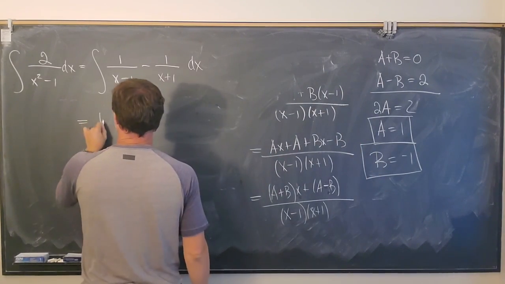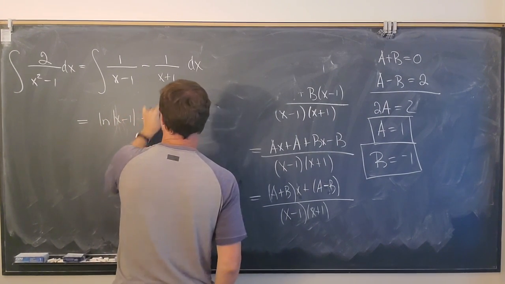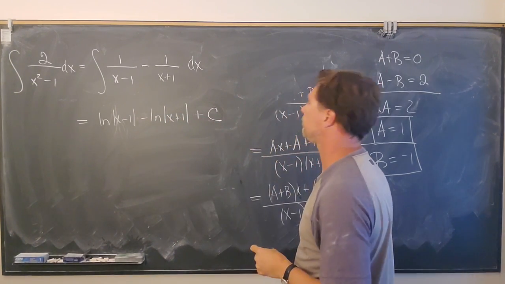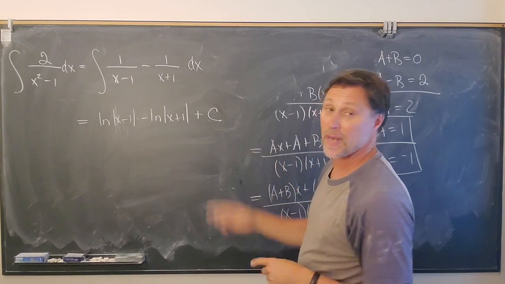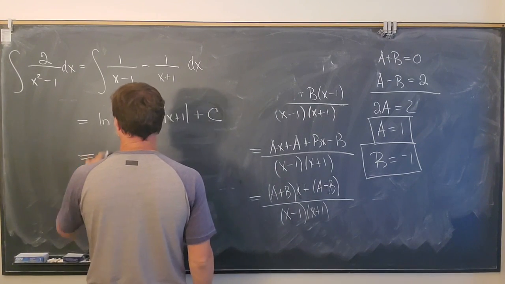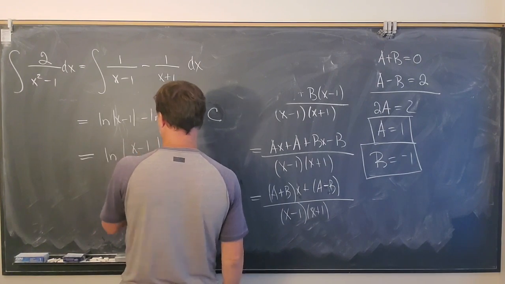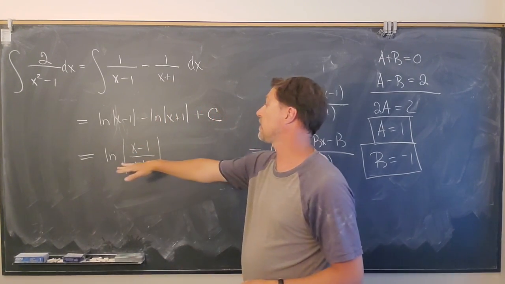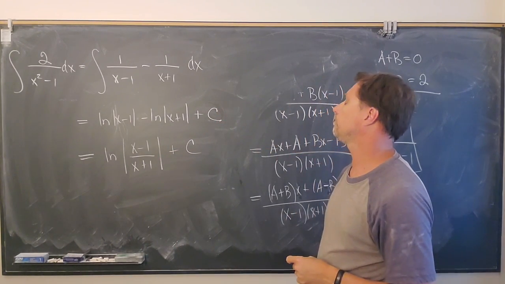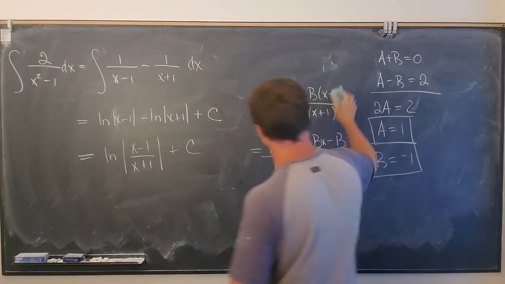This will be natural log absolute value of x minus 1 minus natural log absolute value of x plus 1 plus c. This answer is fine, but if you're checking your answers in the back of the book, they're always going to simplify using rules of logs. And so in final form in the back of the book, it would look like this. Remember, subtraction means divide, so this is natural log of (x minus 1) over (x plus 1) plus c. Okay, so there's case 1. Notice we're just working on case 1.